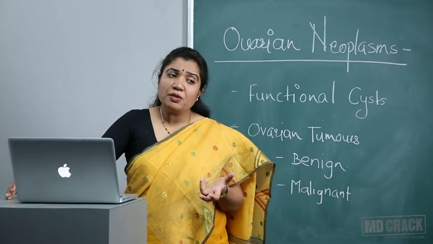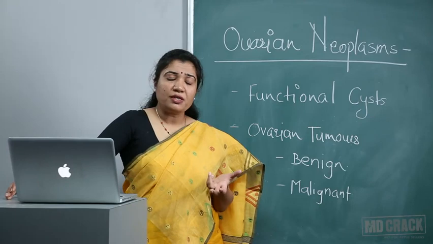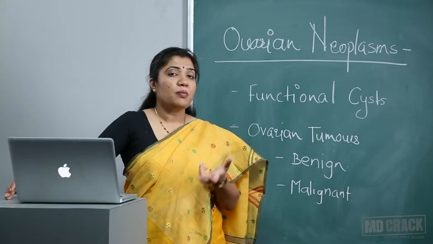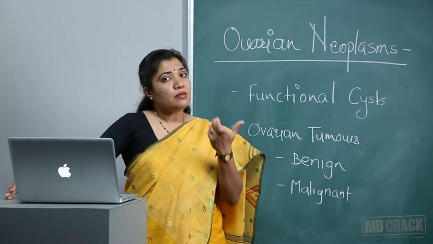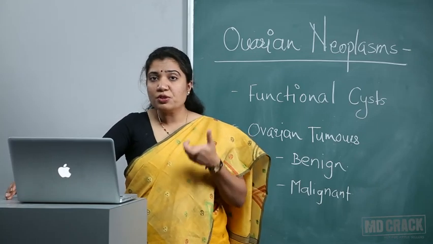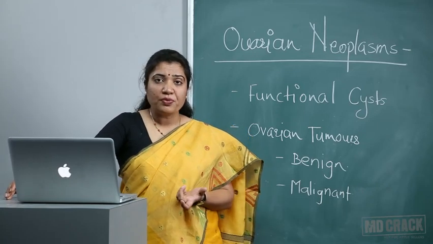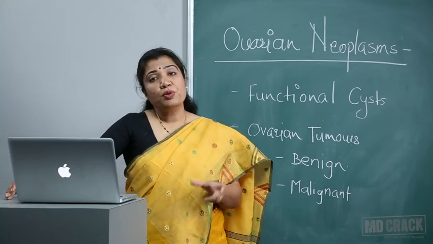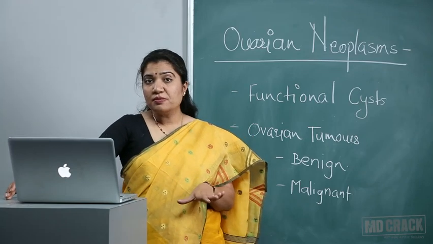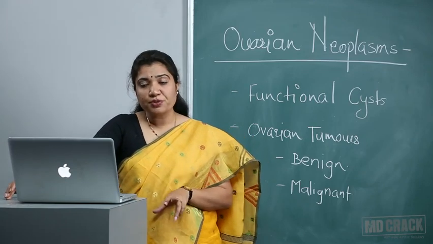Bilateral prophylactic oophorectomy reduces the risk by 90%. But again, tubes should also be removed because tubal carcinoma can be there. Risk of hereditary non-polyposis coli still remains, so it doesn't give 100% protection.